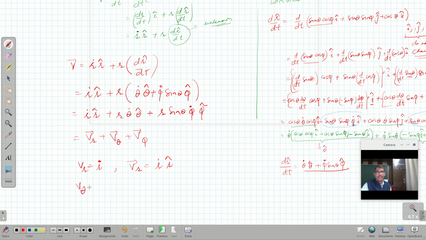Similarly V theta is r theta dot, and V theta vector is r theta dot theta cap. Similarly V phi is r sine theta phi dot, and V phi vector can be written as r sine theta phi dot phi cap. So these are the various components of velocity in terms of spherical polar coordinates. So that's all for this lecture.